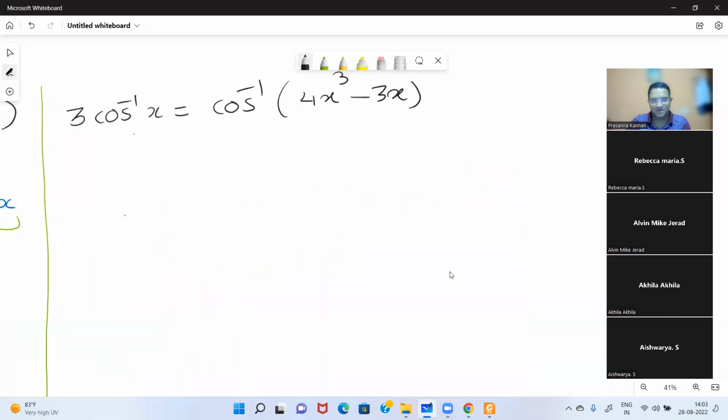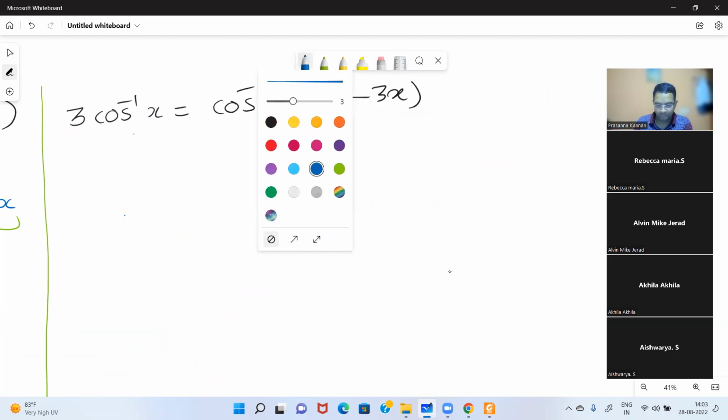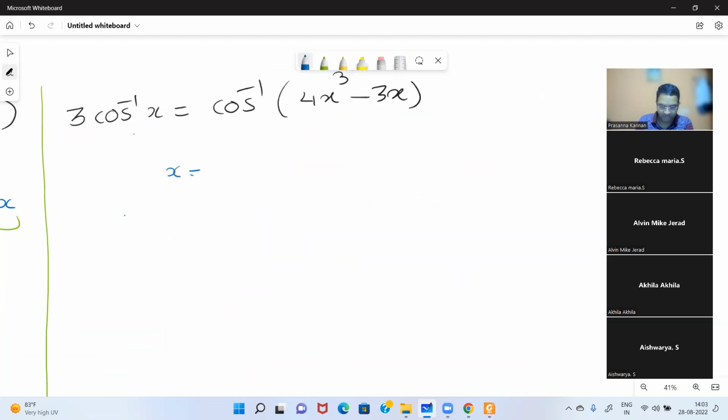Now, what do we do for this sum? What do we substitute x as? Cos theta. Then what will be theta equal to? Cos inverse of x, correct? Yes, sir.